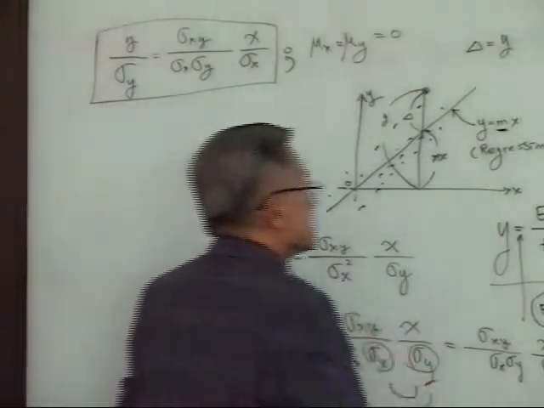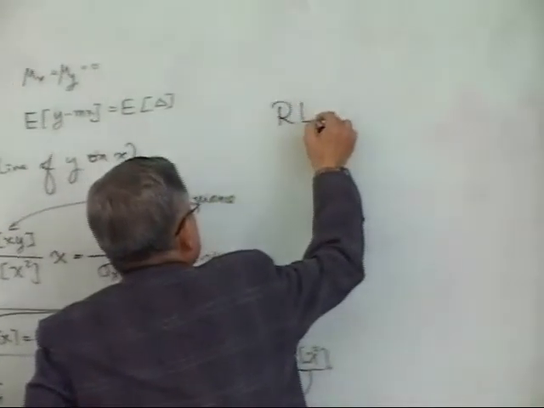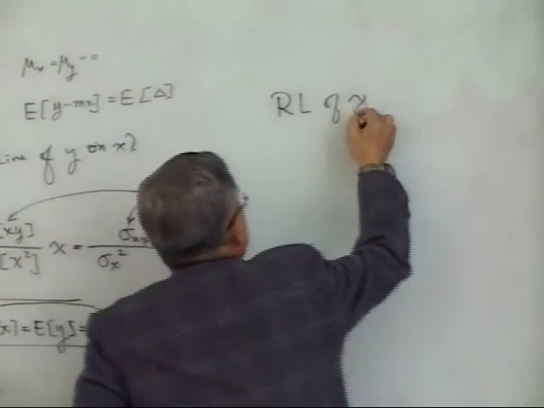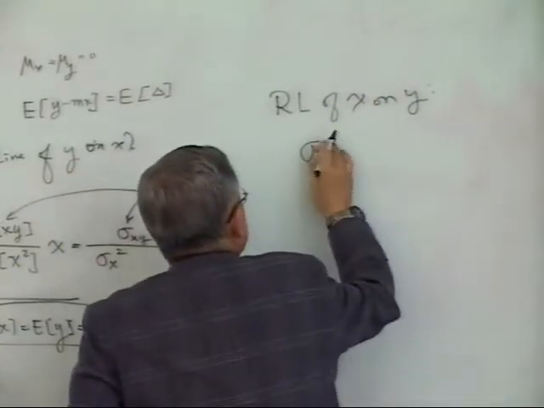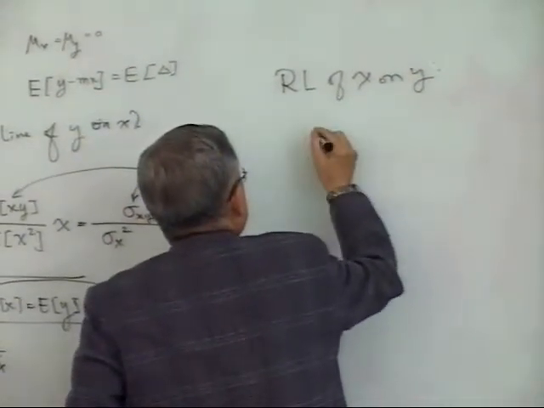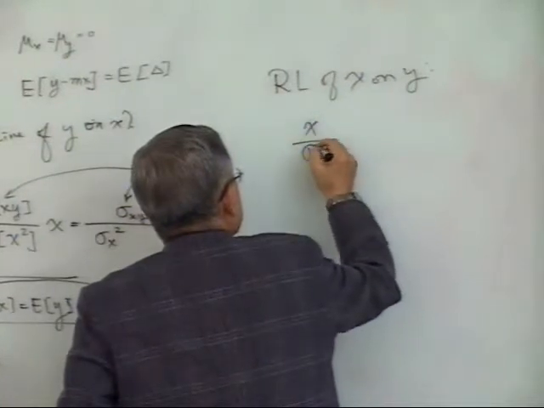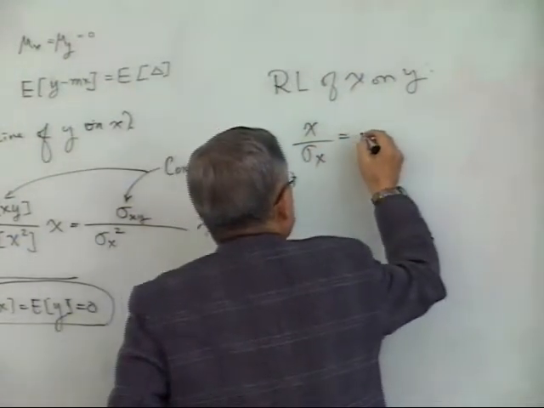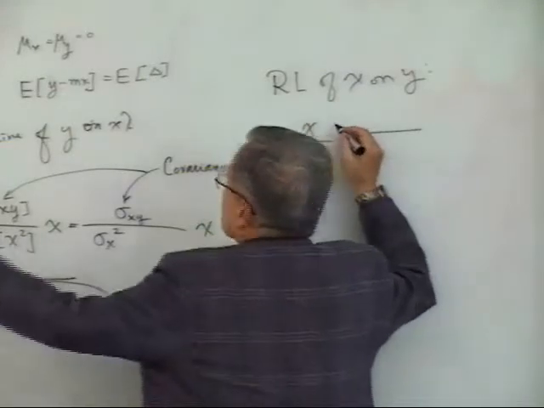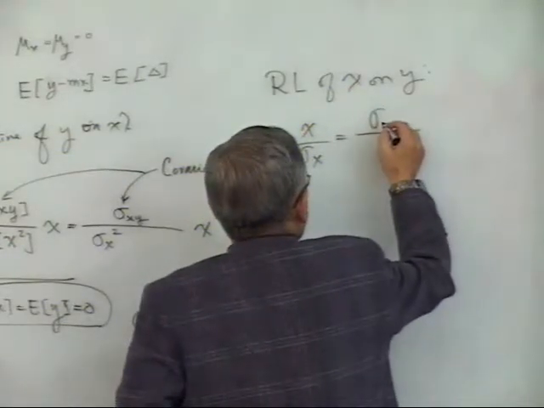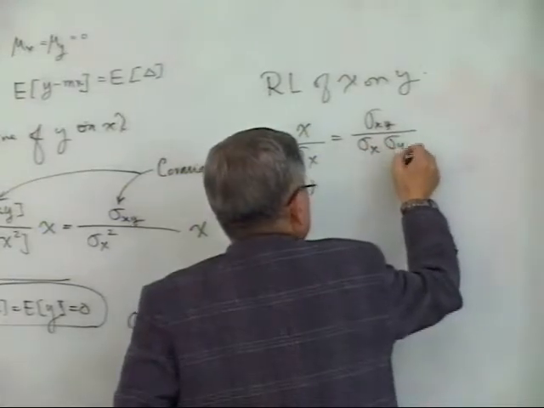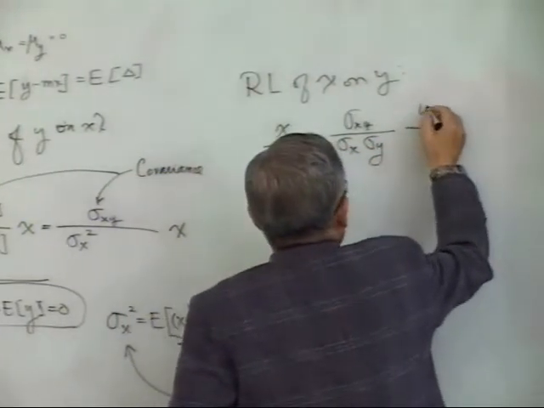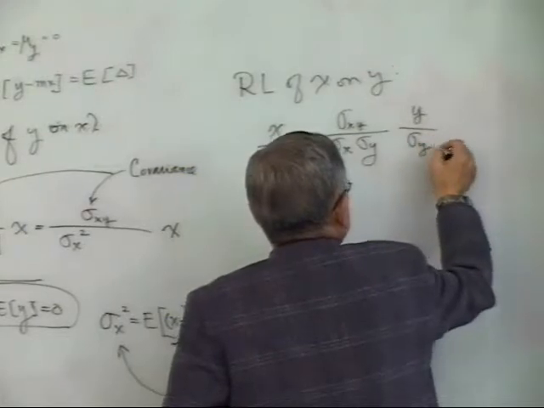Then you have x over sigma x is equal to sigma yx, which is the same as sigma xy, no change, times y over sigma y.